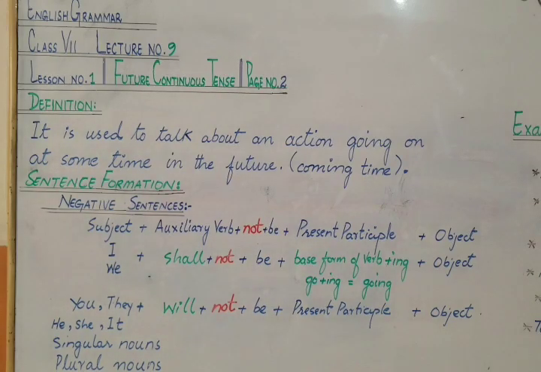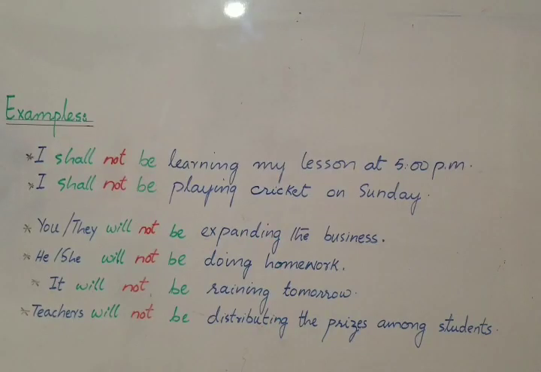Now let's see some examples of negative sentences. You can see in these examples I have put a word not after the auxiliary verb shall or will. I shall not be learning my lesson at 5 PM.